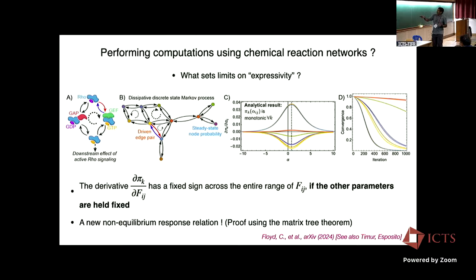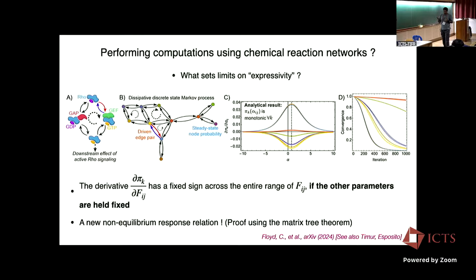What we found is that this partial derivative has a fixed sign across the entire range of Fij. If it is positive for one value of Fij, it's always positive. If it's negative, it's always negative. And we can prove this. I can go into this for folks who are interested later on the board. We can prove this for any topology.